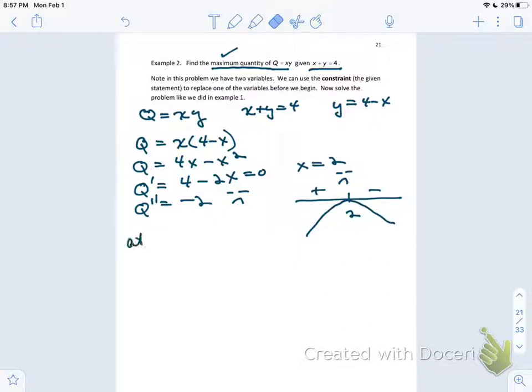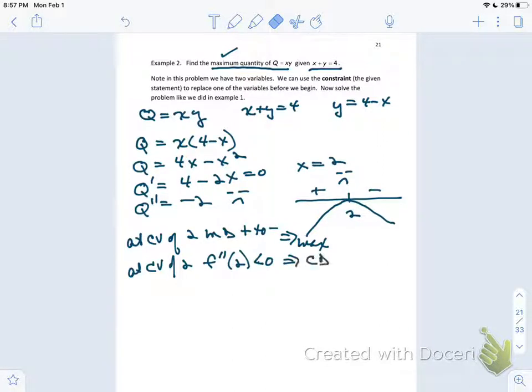So at CV of 2, the slope changes from positive to negative. That gives me a max. At CV of 2, f prime prime of 2 is less than 0. That makes it concave down, which gives me a max.